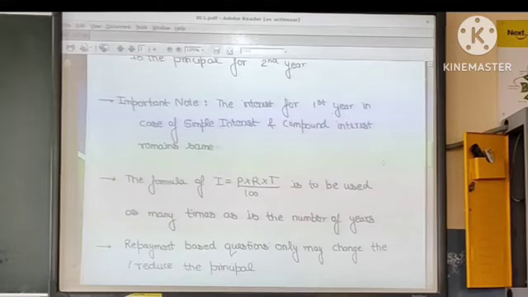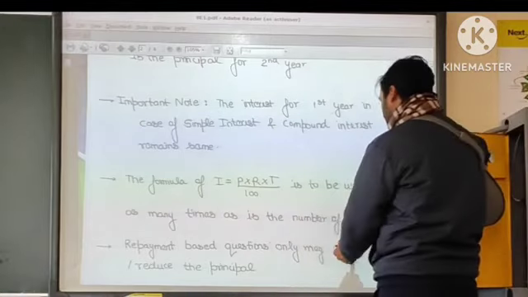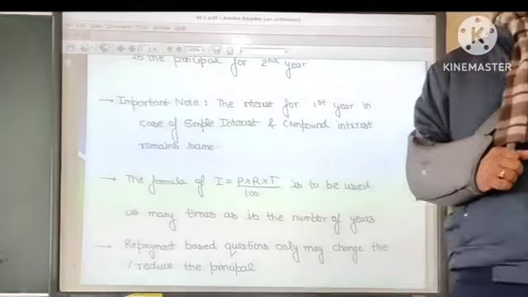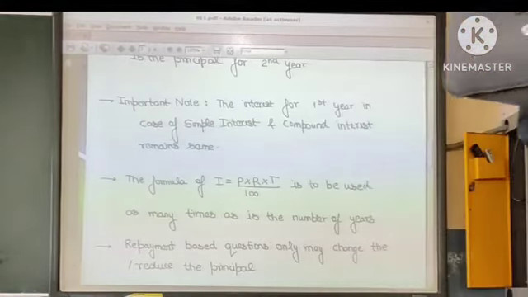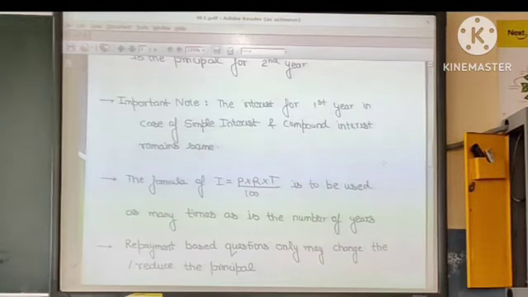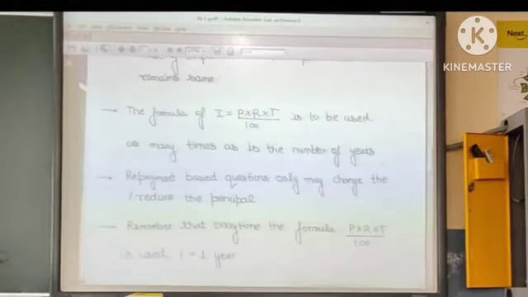When the principal decreases, the interest will be lesser for the subsequent time intervals. So only in repayment based questions do we reduce the principal. If you pay before the end, the principal will change and the interest will reduce. Clear to all? Let us see further.